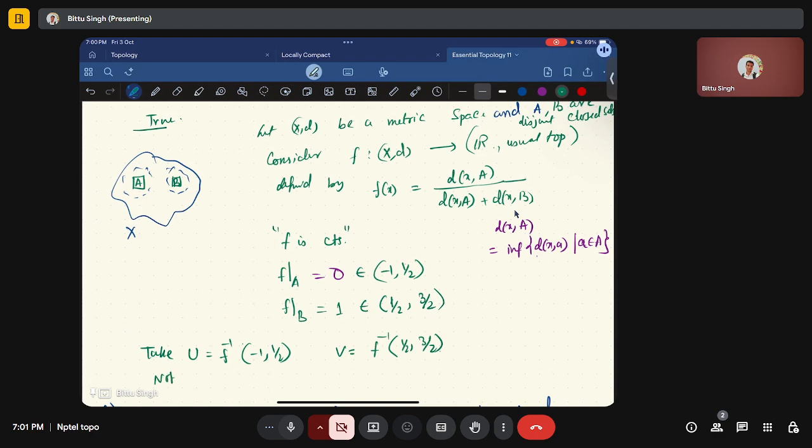So U intersection V is empty, their intersection is empty. And another interesting thing is that A is contained in U, right?